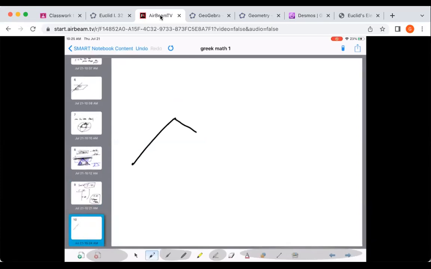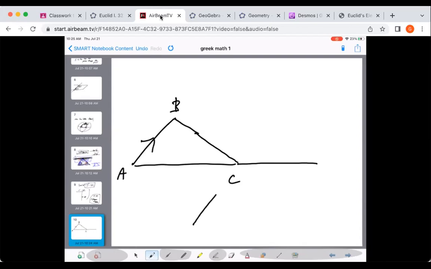Here's a triangle. I'll just call this ABC, angles A, B, and C. He extends the line, which you can do because postulate 2 says he's allowed to. And he draws a line parallel to AB, which he can do basically because of postulate 5 eventually.